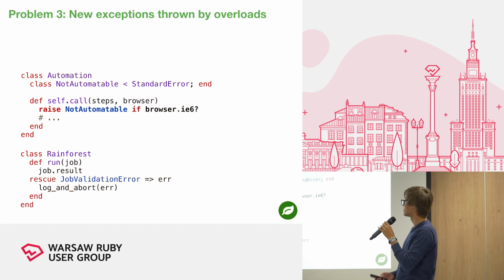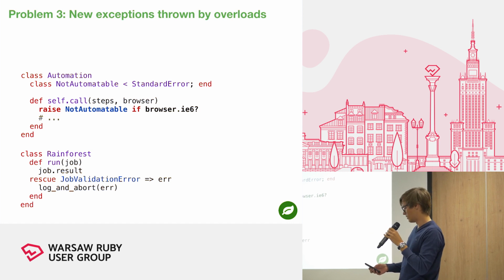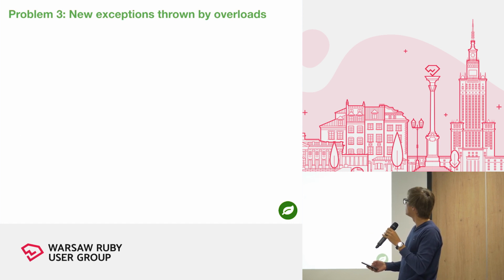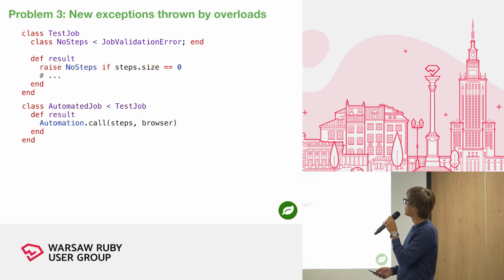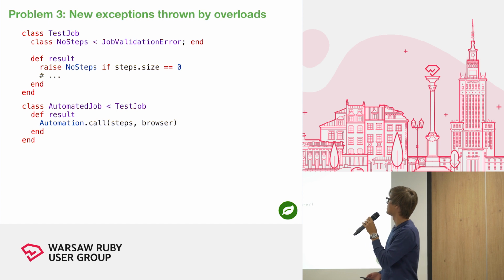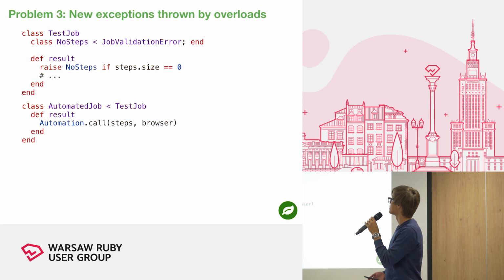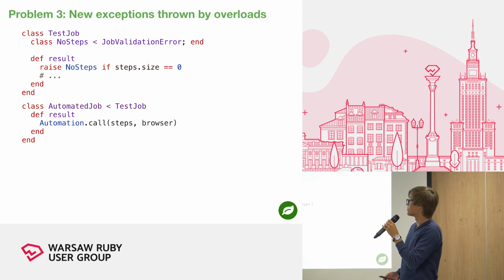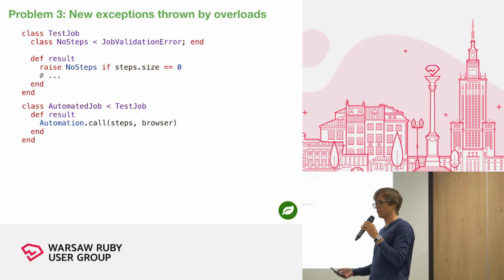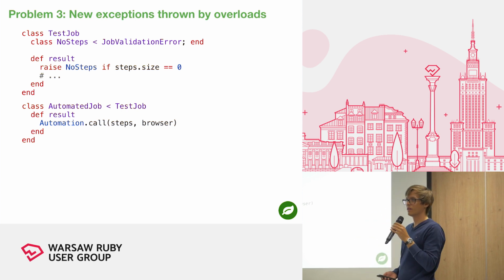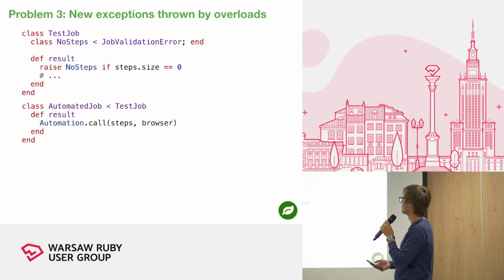Like in the base, if we return to this example, we have a job validation error which is declared inside test job, and the violation of LSP here is that all the exceptions raised by subtypes should also be subtypes of the parent class exception types, so that we can handle them neatly.